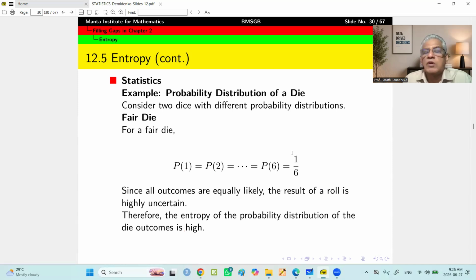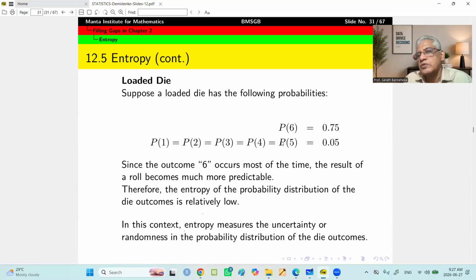So the probability of getting 1, 2, 3, 4, 5, 6 separately is equal to 1 over 6. Since all outcomes are equally likely, the result of the roll is highly uncertain. We cannot say with high precision which number we are going to get. So the uncertainty is high there. Therefore, the entropy of the probability distribution of a fair die is high.